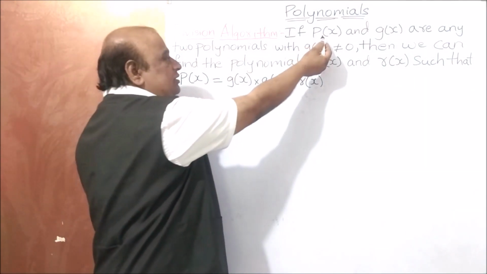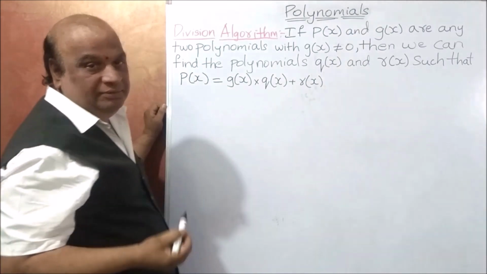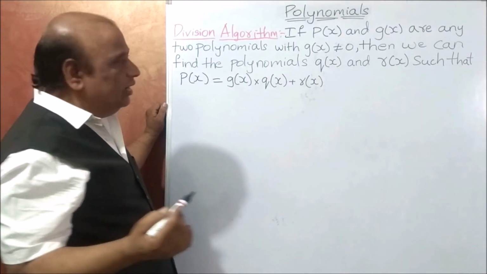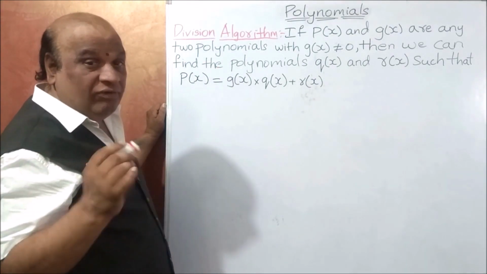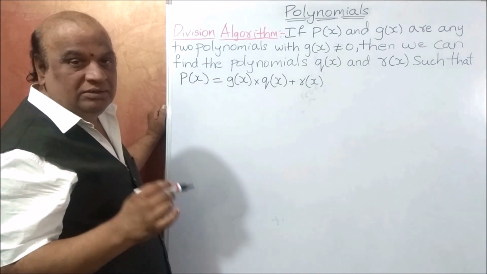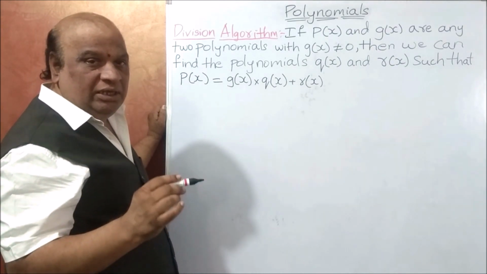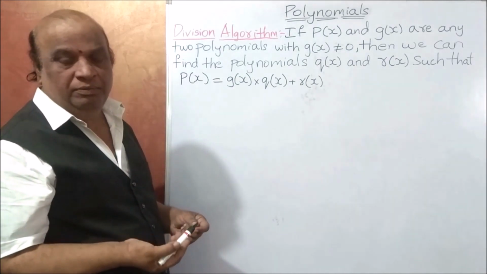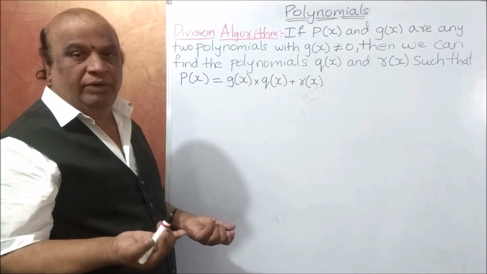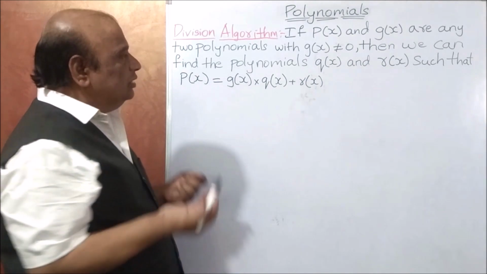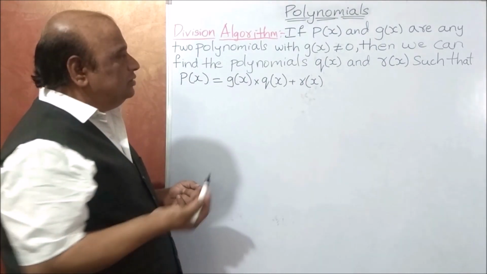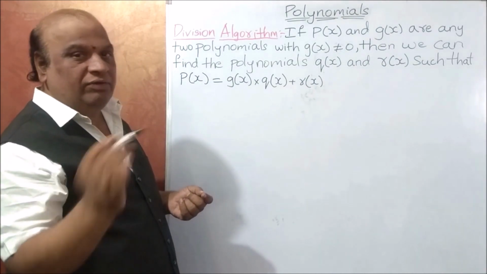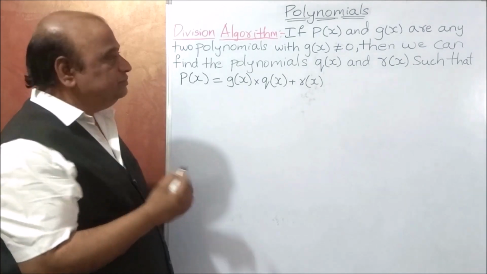P of x is the dividend, G of x is the divisor. If the divisor is 0, there is no division with 0. We can't do division with 0. That's why the condition is given, G of x is not equal to 0.